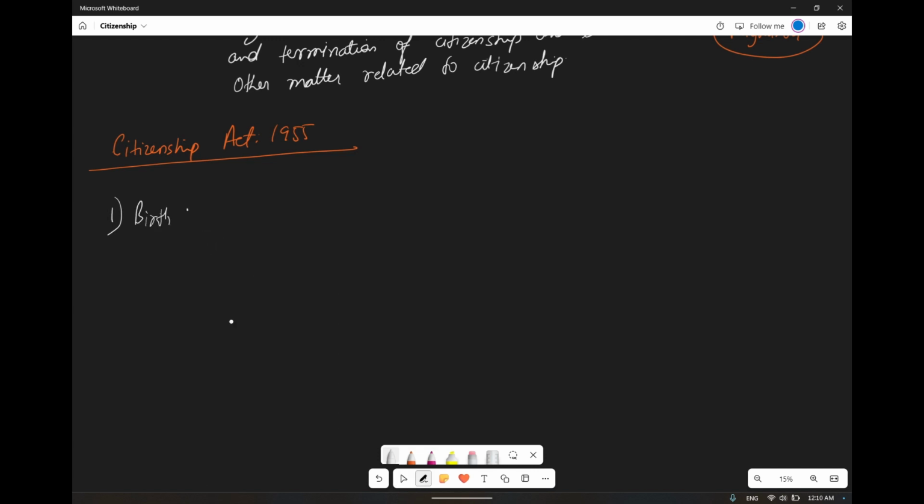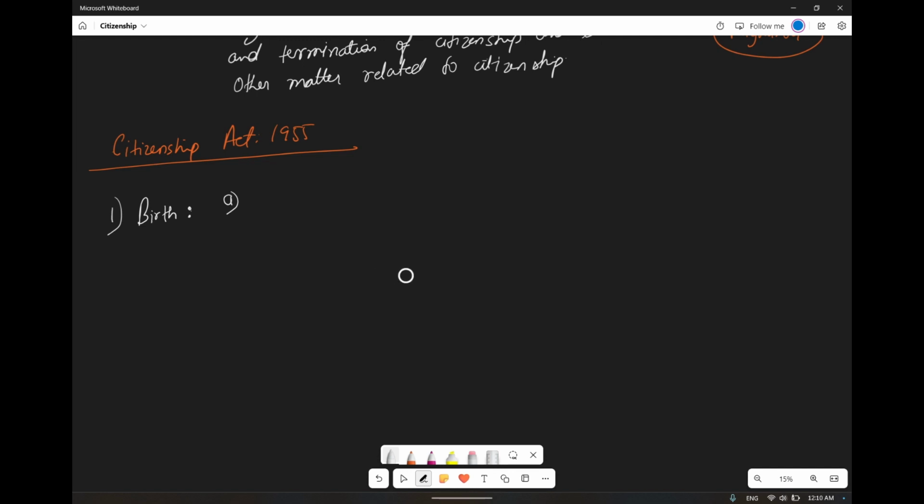Let us suppose you came to this world through your parents, and your parents were citizens of India, thus you got the citizenship of the country. So by birth there is acquisition of citizenship of India.